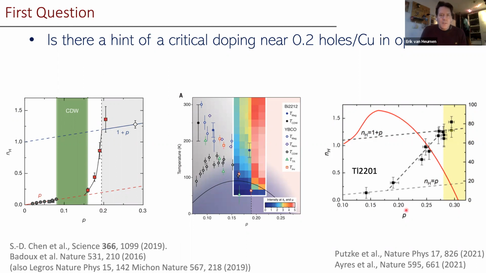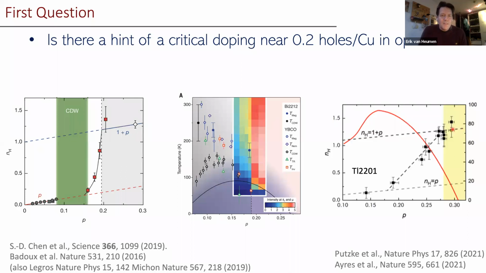On the other hand, experiments from a competing group were showing slightly different behavior. It is a different material. This is LSCO on the left, and this is thallium-2201. They also see a change in the carrier density, but it's much more gradual, and it seems to extend over a much larger part of the phase diagram.